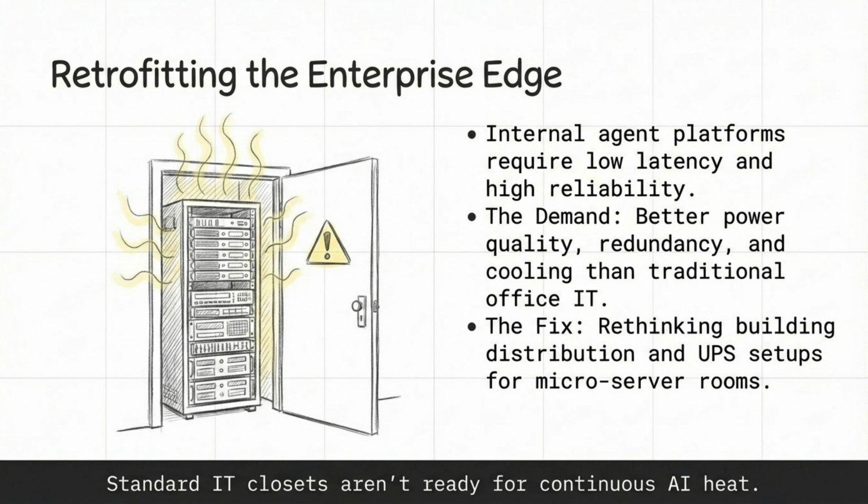As companies grow more comfortable with the idea of agents, many will deploy internal agent platforms. These typically live in server rooms or edge racks inside buildings, where they need low latency and high reliability, which in turn demands better power quality, redundancy, and cooling than traditional office gear. That means rethinking building distribution, UPS setups, and how those micro-server rooms are electrified.